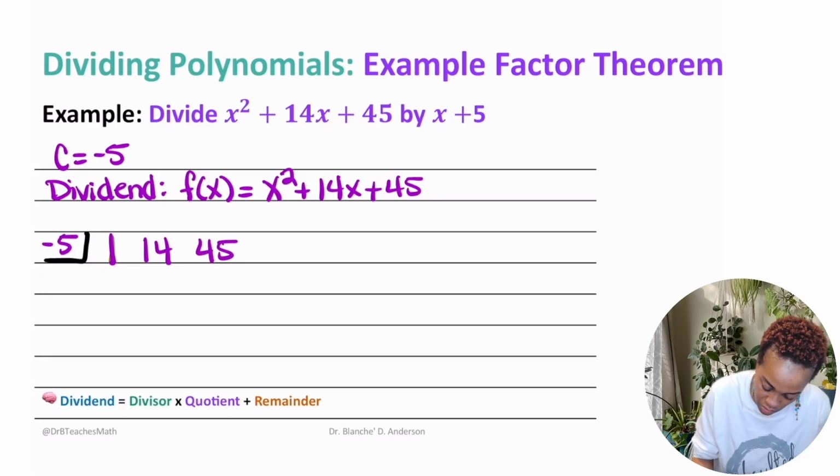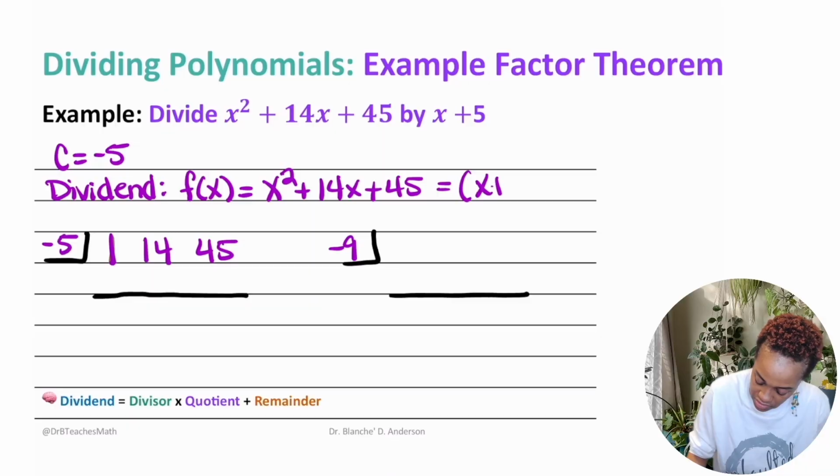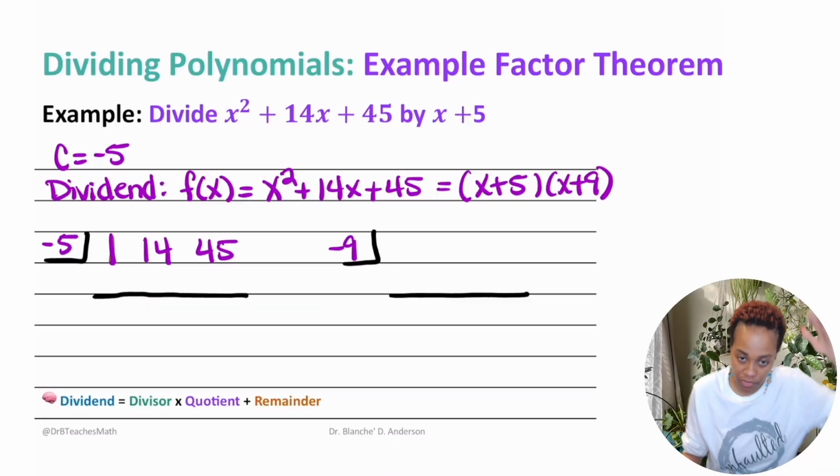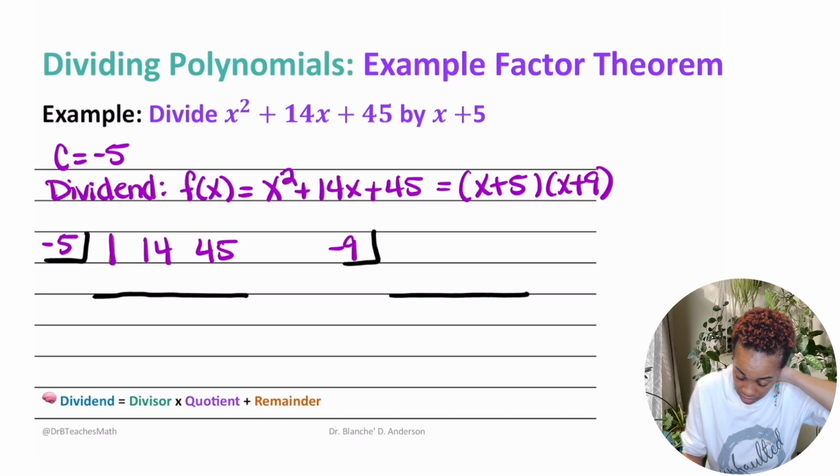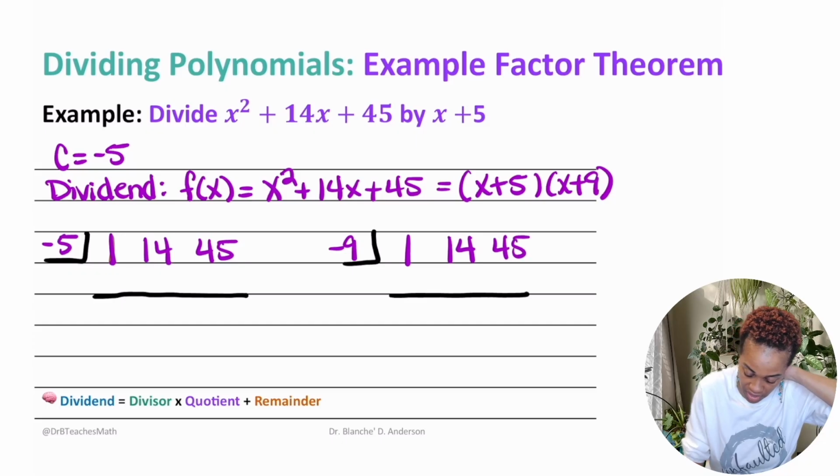When we did this one, we knew that -5 was a 0. And I'm going to kind of cheat here and put -9, because remember, when this is factored, it's x plus 5 times x plus 9. We know they're factors, but I just want to prove it to you doing the synthetic division. So we have 1, 14, and 45.